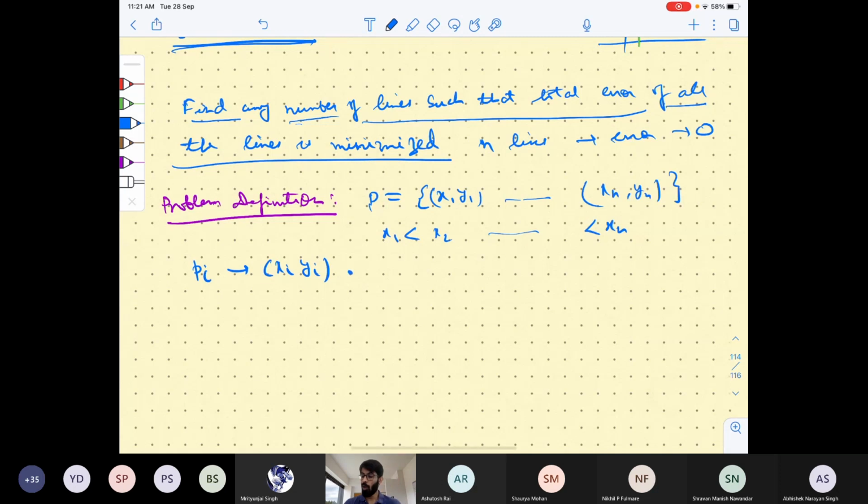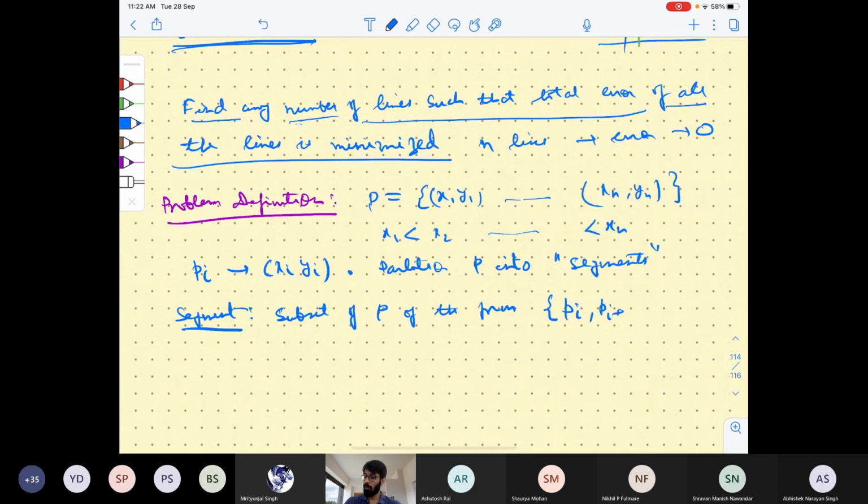Now we want to partition P into segments. And what is a segment? A segment is a subset of P of the form Pi to Pj, right?